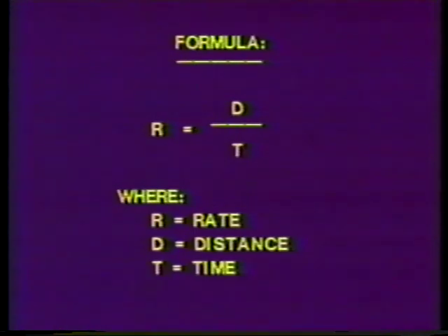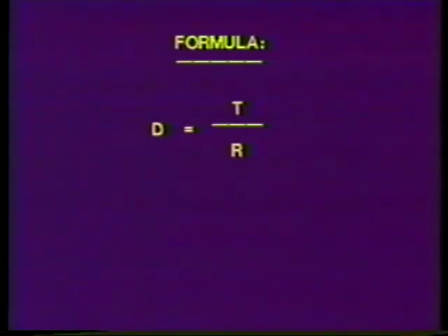D is the distance flown, and T is the time required either to consume fuel or to fly a distance. The formula can be rearranged to solve for problems in which any two of these factors are known and the other is unknown. By adjusting the computer's A and B scales, any of the combinations of knowns and unknowns can be set up to solve the problems.